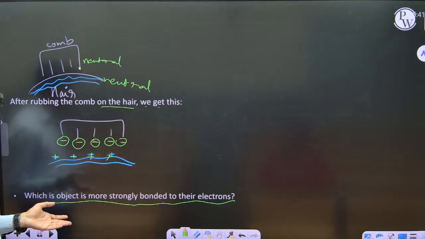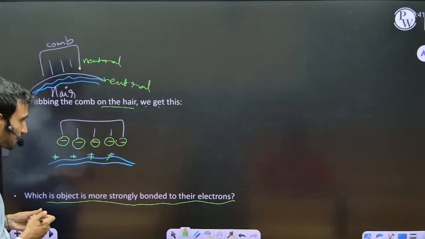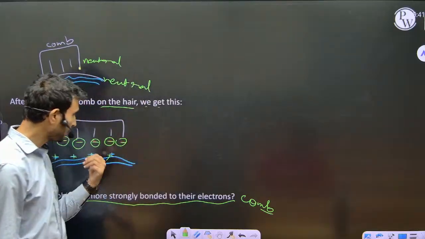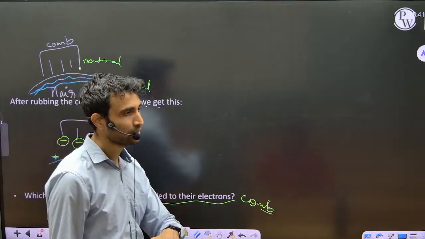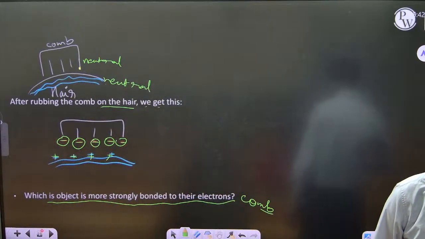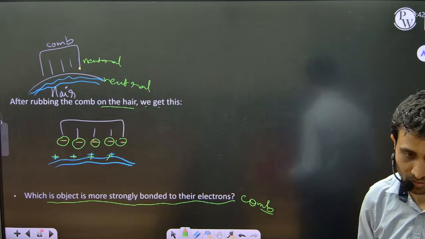That means naturally, who is more strongly related to their electrons? The comb, right? Whereas my hair is weakly bonded to its electrons. That is why those poor guys ended up losing their electrons, whereas the comb ended up gaining electrons. Understood?